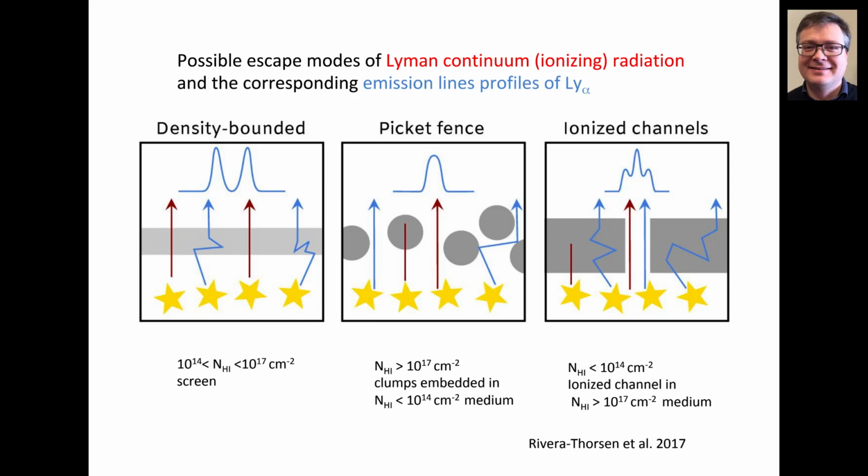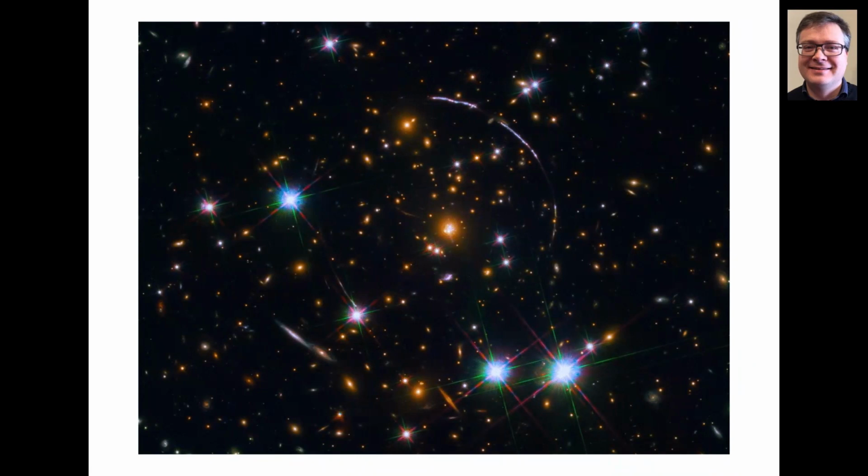And if Lyman alpha radiation can escape directly, then we're certain that Lyman continuum radiation can also escape, because the absorption cross-section of neutral hydrogen is actually 3 orders of magnitude smaller for Lyman continuum ionizing radiation.